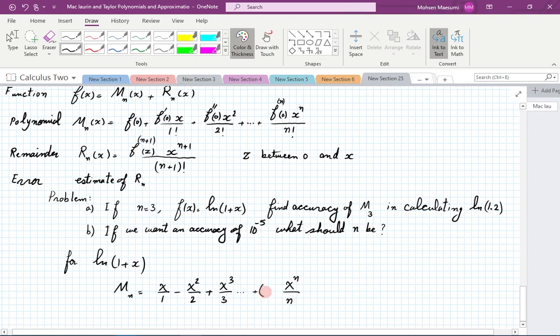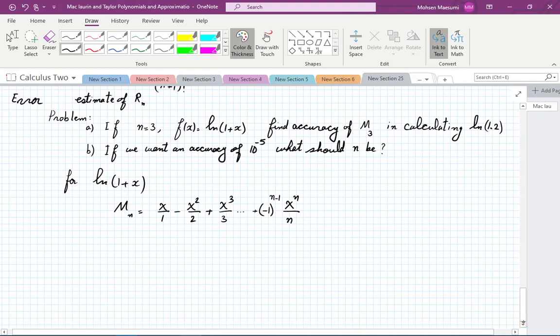Well, here is one way to resolve it. If n is even, we have to subtract. If n is odd, we have to add. One way to handle that is to write this as (-1) to the power n minus 1. Use that always to check the first couple of entries to make sure that everything is working right. Okay, this is the Maclaurin polynomial.